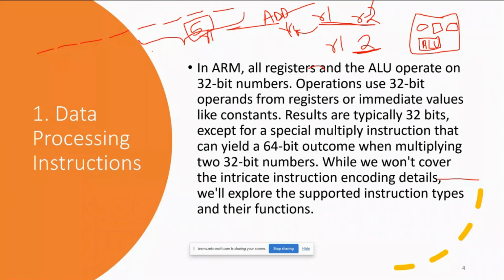In one version, we neglect the least significant bits. We take the 32 most significant bits and say, okay, this is the product. In the other version, we store 32 bits in one register and another 32 bits in another register. So we have both versions available in ARM.